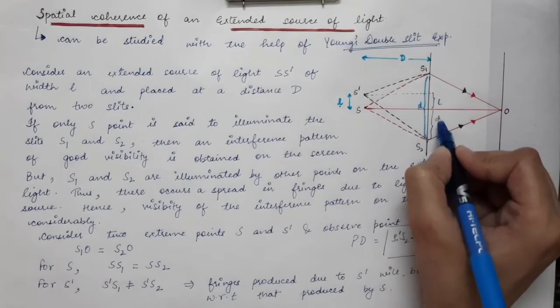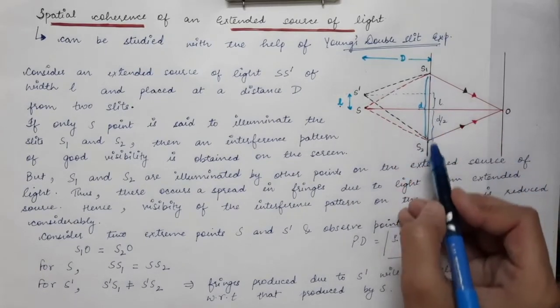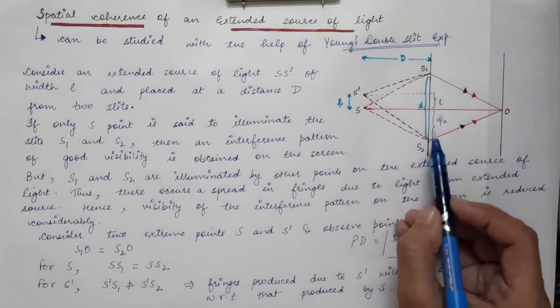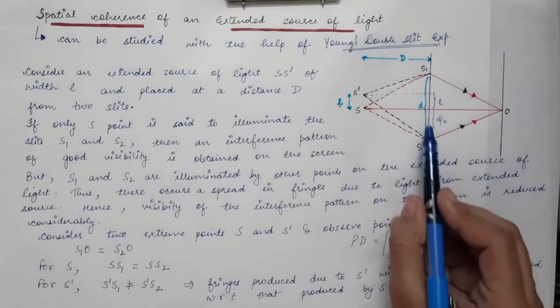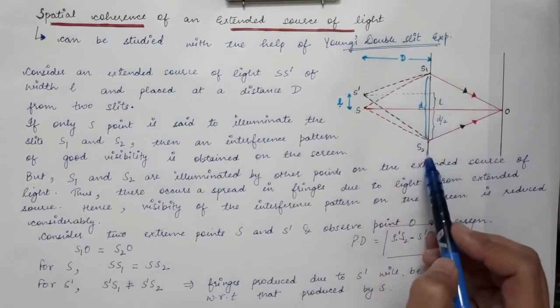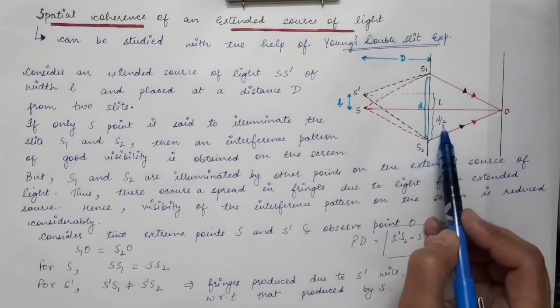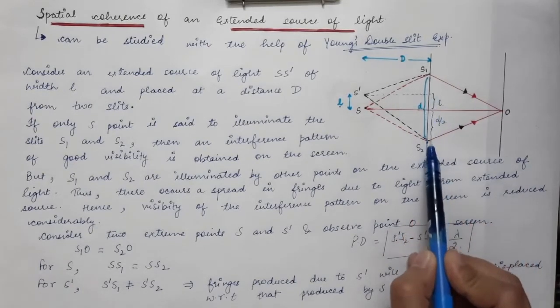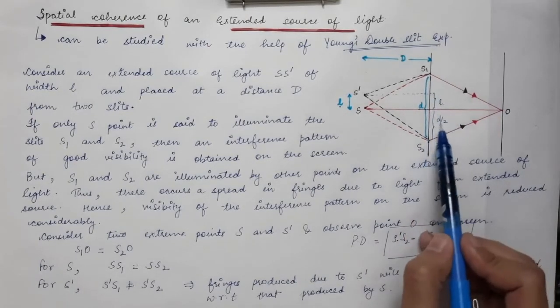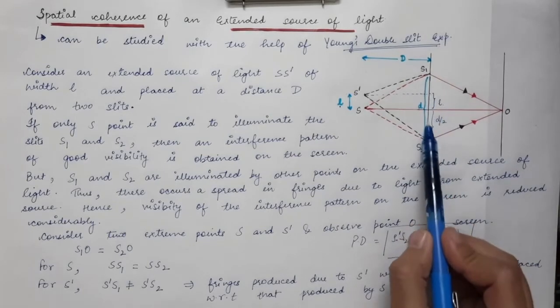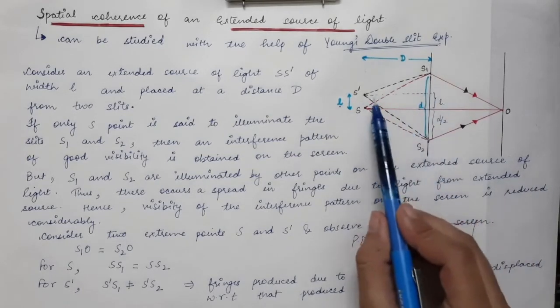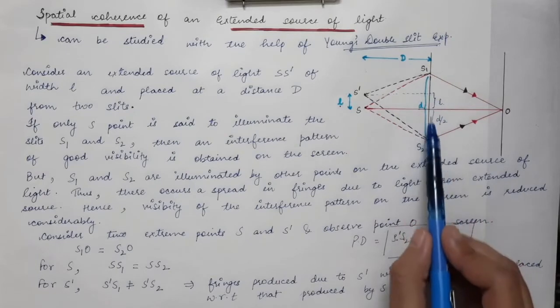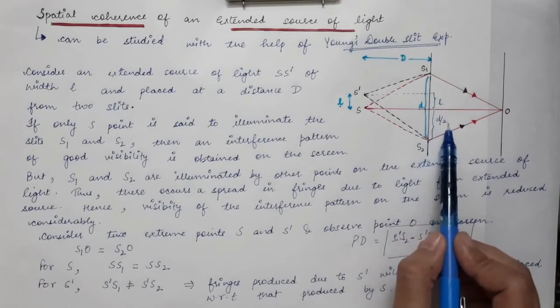This is equal to d by 2, because this whole length S1 S2 is equal to d, so this is just half of the S1 S2 length. So this overall length is equal to l plus d by 2, the length of the right angle triangle.